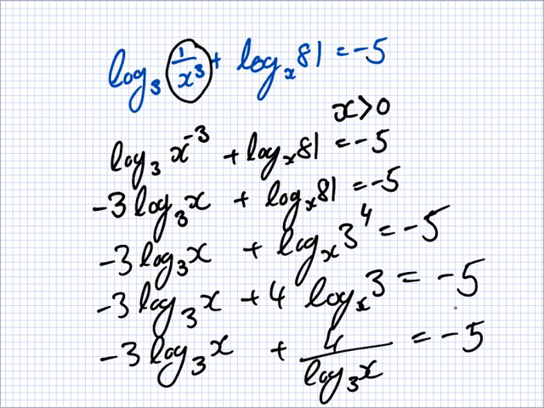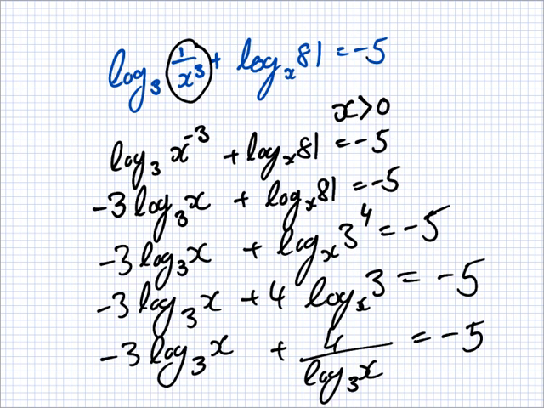Right, now, what to do next? You need to make the minus 5 a log. Actually, at the very beginning, I thought I might have to do that, but I don't think I do. The 4 over log 3x, isn't it the same thing as minus 4 log 3x?